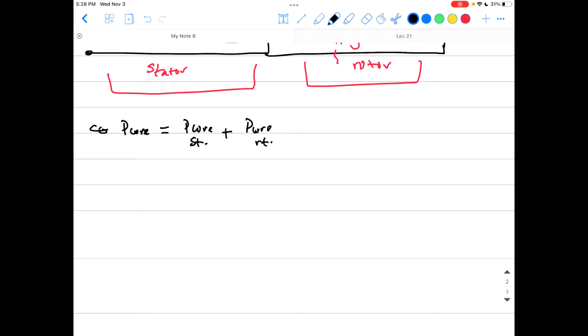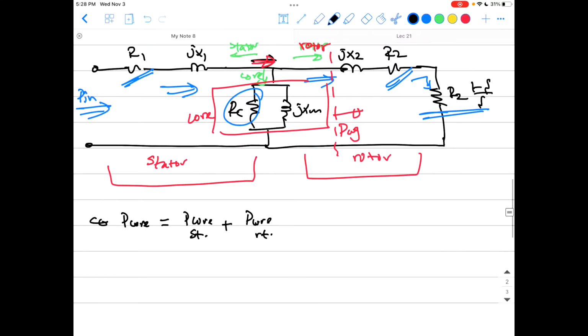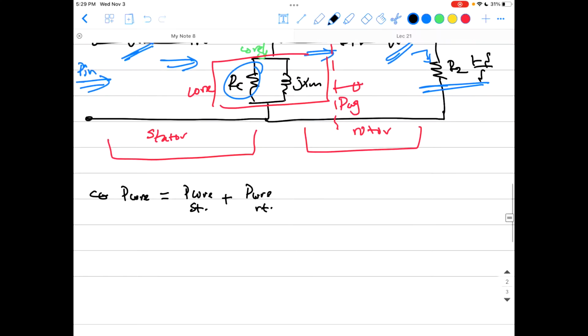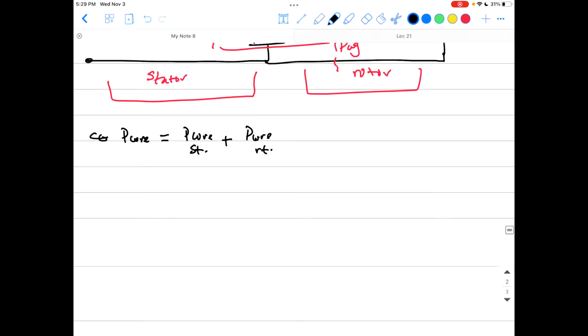Because actually, P core, most of the time we just happen to have it from laboratory tests, from equations coming from labs and from experience, and even from calculations using the equivalent circuit here, okay? So it's not that bad to just clump them together, the core losses in the stator and the core losses in the rotor.